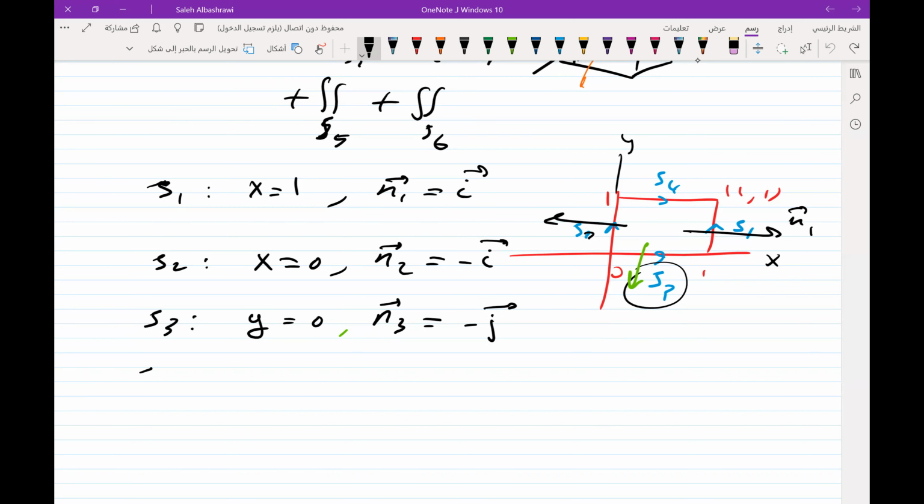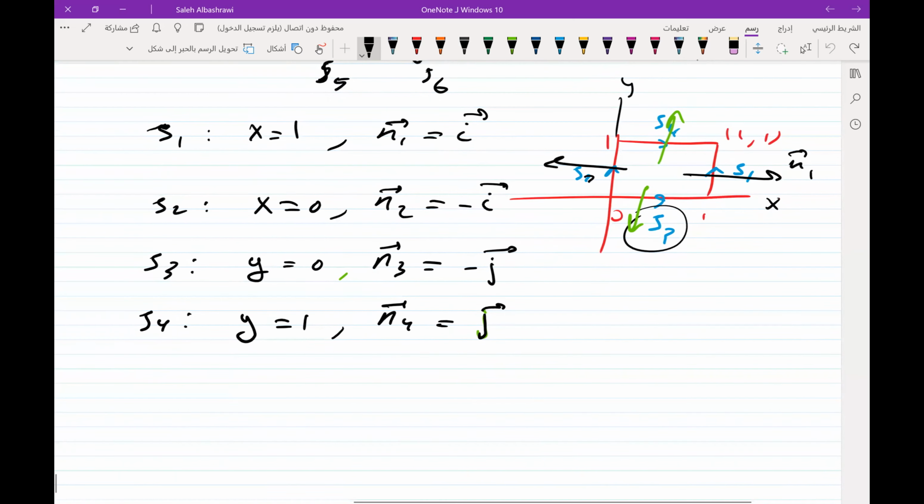For S4, y equal to 1, and N4 will be going up, which is plus j. So these are the four sides for the unit square.